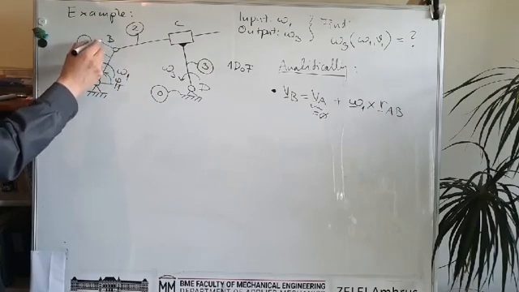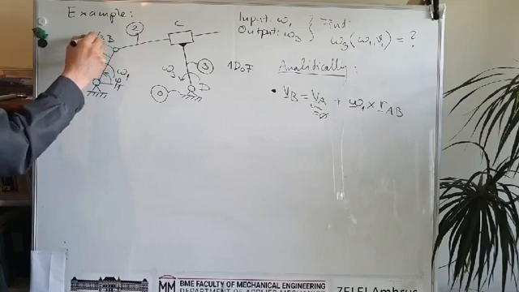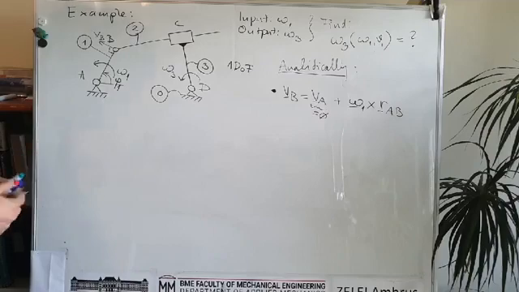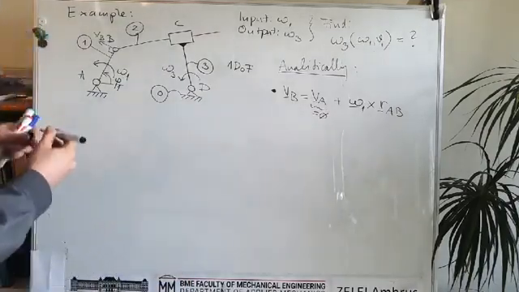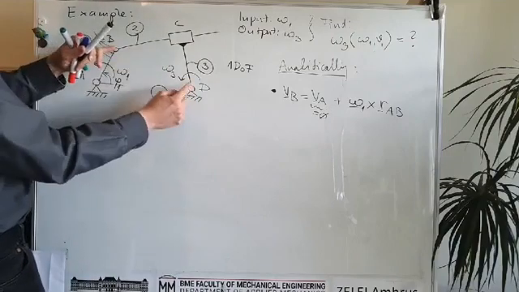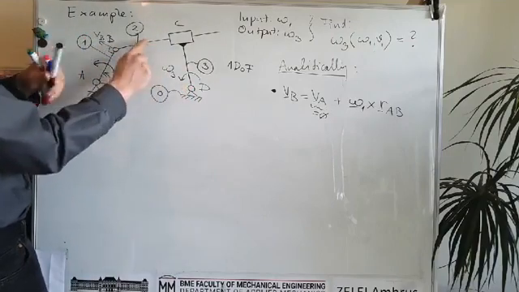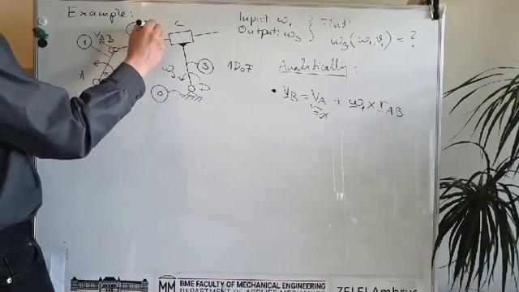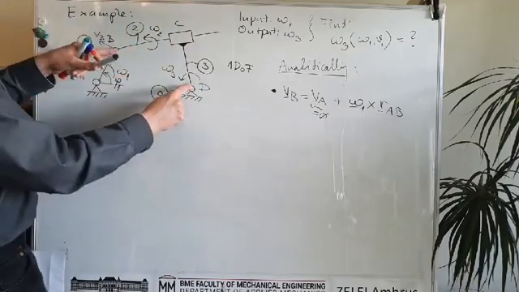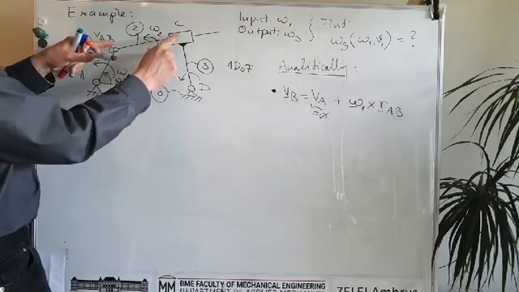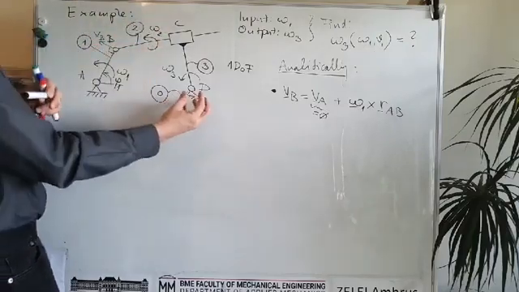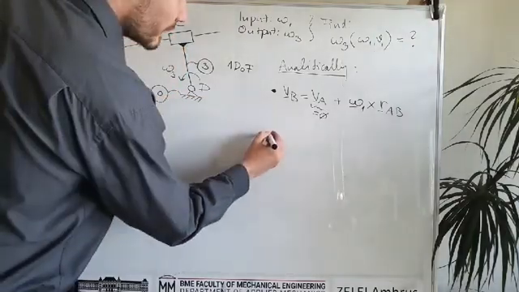So it will be something like this. It will be perpendicular to the bar, of course, so it can be calculated. And then we have a closed loop, so we know the velocity here and here, but we don't know anything about the angular velocity, so we can introduce the angular velocity here, which is omega 2, but we don't know it. But we can try to calculate the velocity of point C, and first we start from here, and then we start from here, and we will obtain 2 equations.